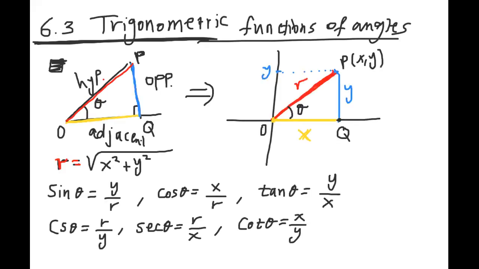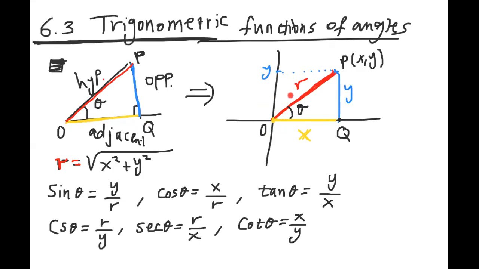So look, I said before, any triangle I can place in the standard position in the XY plane. If the side from O to Q is on the positive x-axis, it's positive, and the side from B to Q is along Y, such that Y is positive.